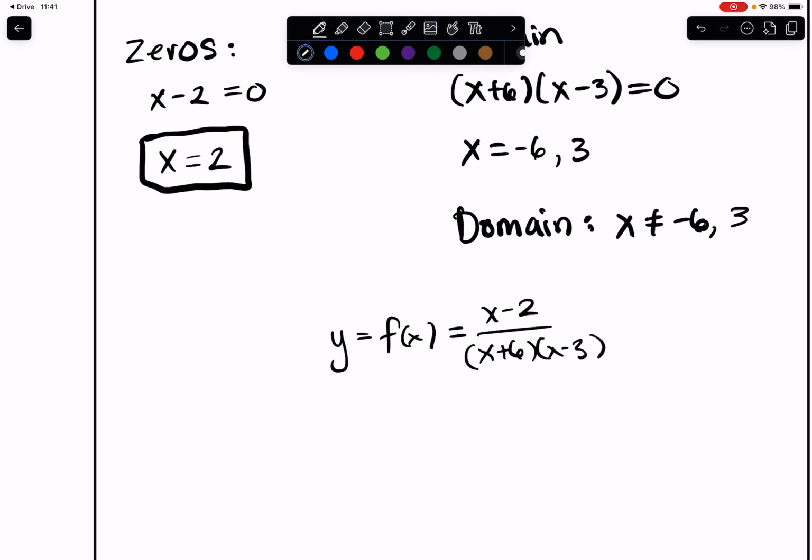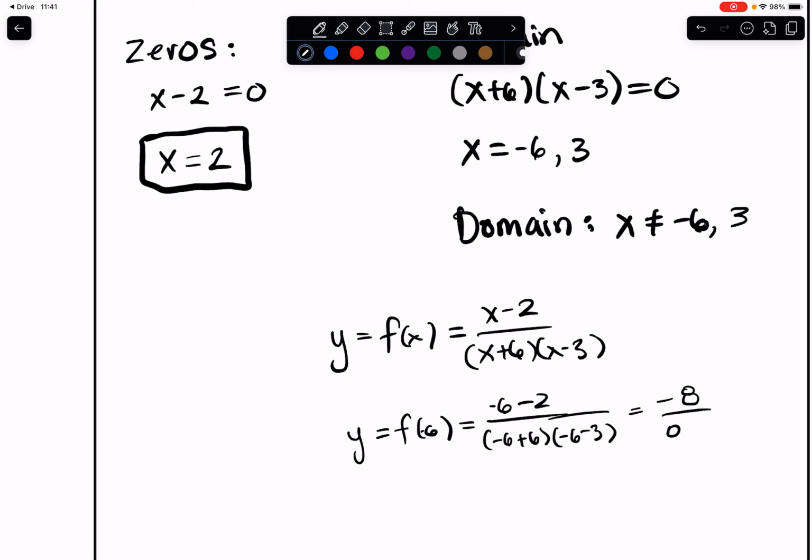I'll show you on this one example. If I plug in negative 6, I end up with negative 6 minus 2 in the numerator, and negative 6 plus 6 and negative 6 minus 3 in the denominator. On the top, I have no problem. That's equal to negative 8. But on the bottom, I'm going to end up with 0 in the first parentheses and negative 9 in the second parentheses.